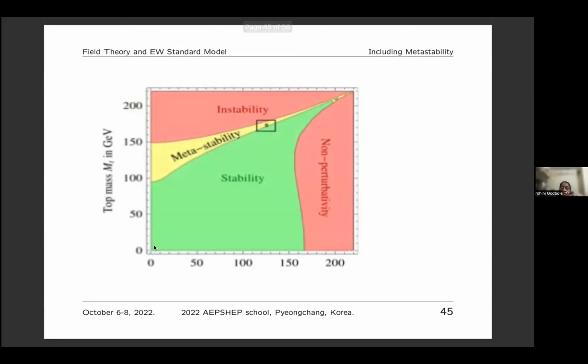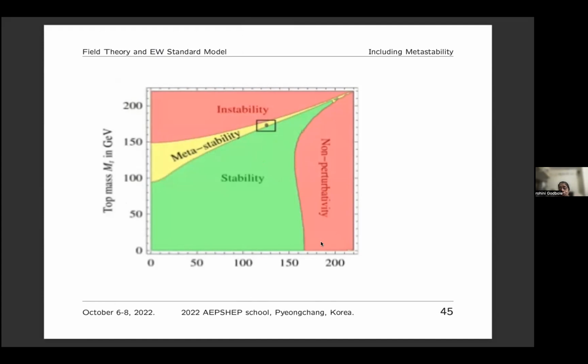And indeed, this is again a plot from the same paper where they asked this question. Yes, I am now at my last few slides. Thank you. So this is really the picture of the top mass MT and the Higgs mass MH. This is the measured point. And what they did is they did the stability analysis over this entire MT-MH range.